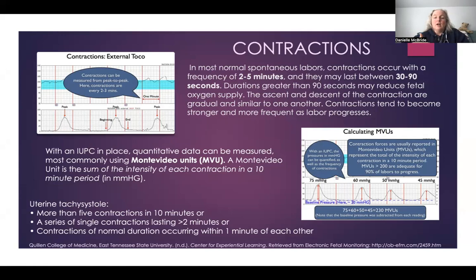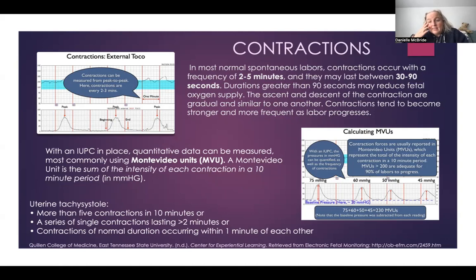So I don't want a duration longer than 90 seconds. That's too long and it can interfere with the baby's oxygenation. I also really want there to be at least 1 minute between when one ends and the next one starts, because this is the time when the baby can get good oxygenation before the uterus is contracting again. So those are the things we're looking for with our contractions.